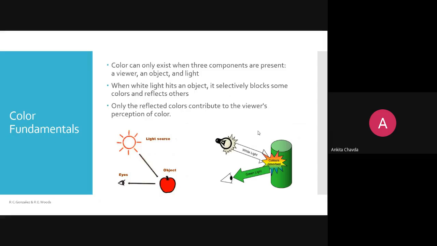You can draw at least this figure, and write whatever you understand in that regard. There would be a light source, and the energy would be there onto the object. The object will reflect only that particular color wavelength, and the other color wavelengths would be absorbed. So that thing you can write in your own language. Please write it down.